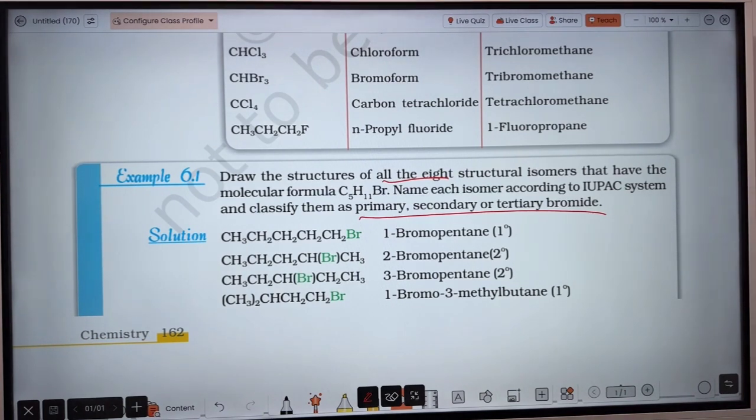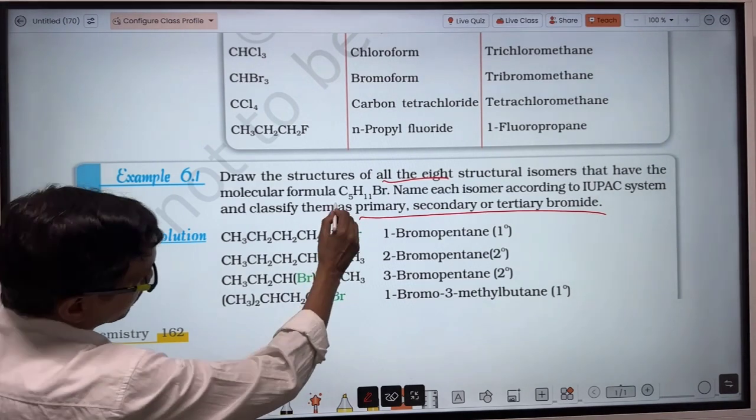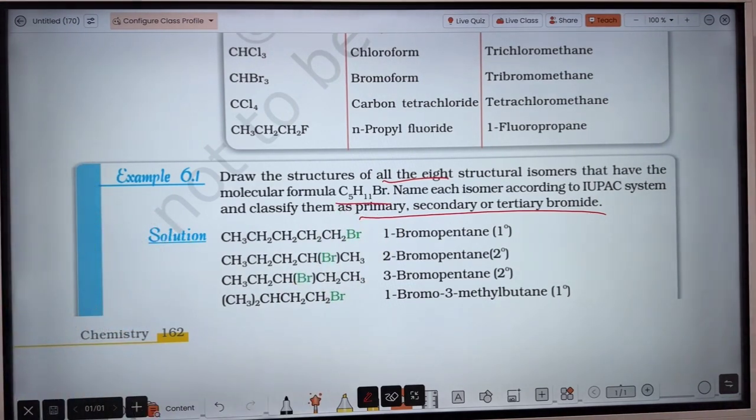In the examination, the question will be asked directly: for a compound whose molecular formula is this, how many isomers will form? Okay, the question will be like that.